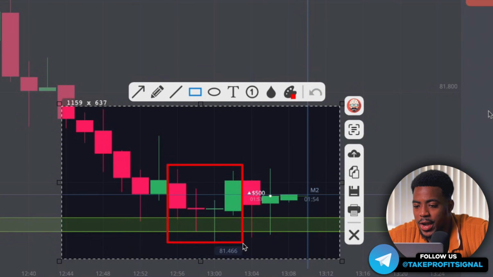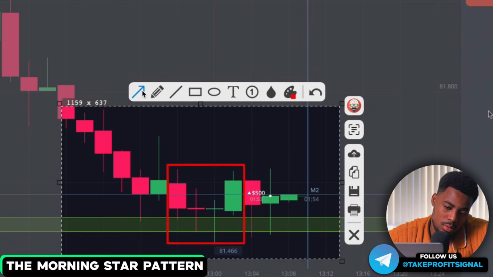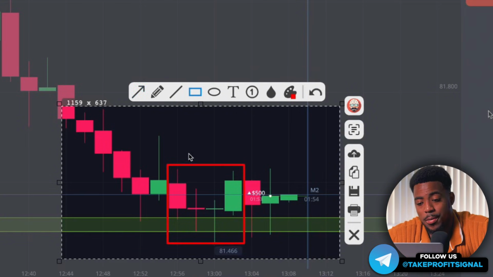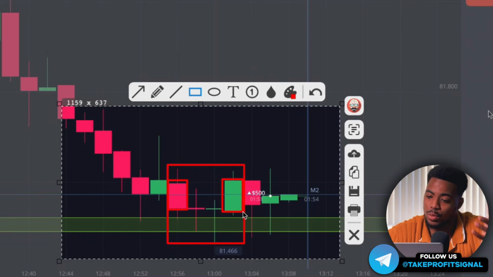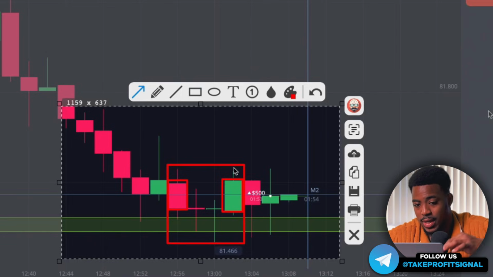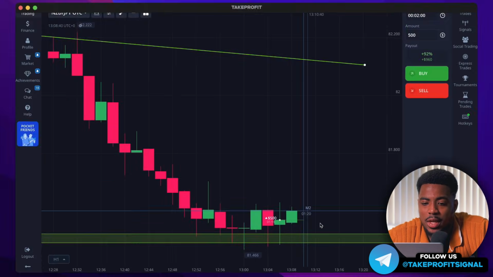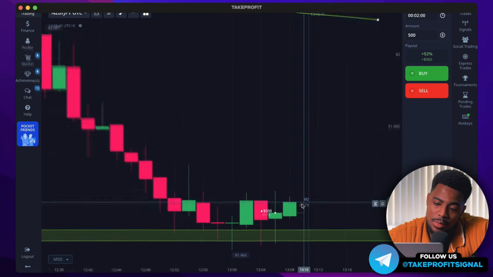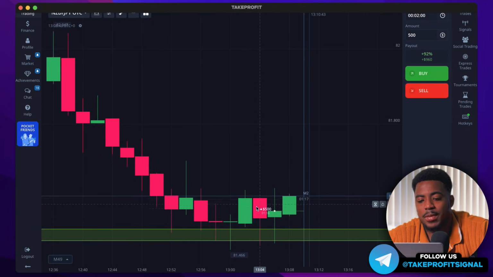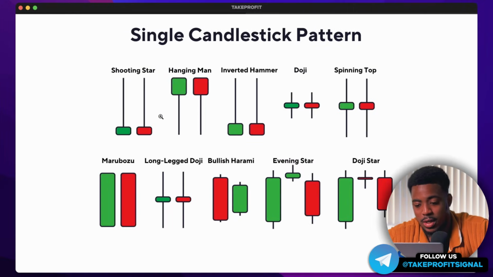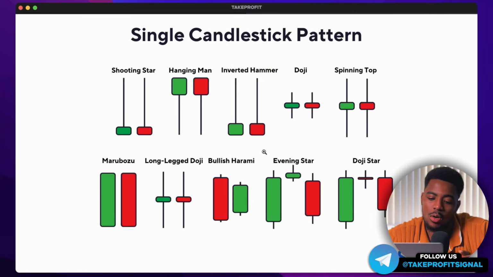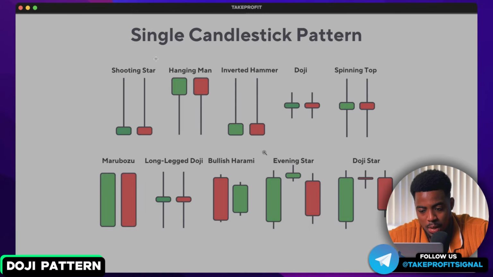Separately, we can find the morning star pattern. Yeah, it is the same reversal pattern that we traded in the first trade, but in reverse. It predicts an upward movement. We have the same thing with other patterns because this red candle and this green candle separately are essentially this pattern, which can be called a doji.